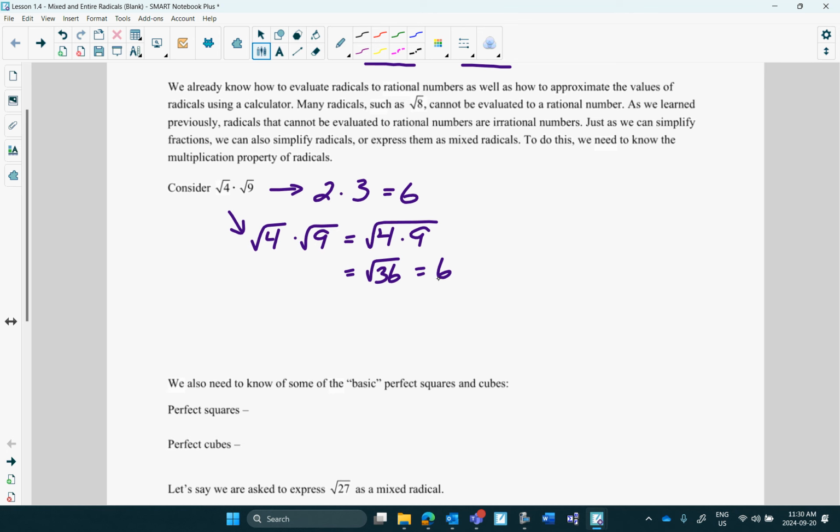Sometimes they're not going to be as clean as this. Like if I said the square root of 5 times the square root of 9, you wouldn't be able to do that like this, because the square root of 5 is not an exact number.